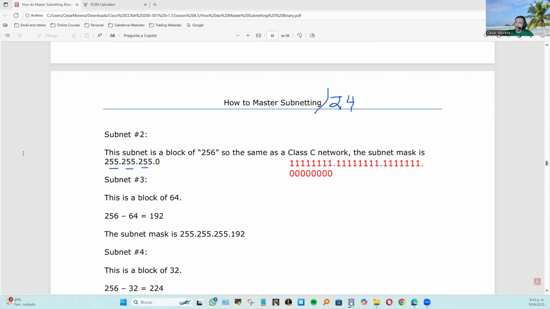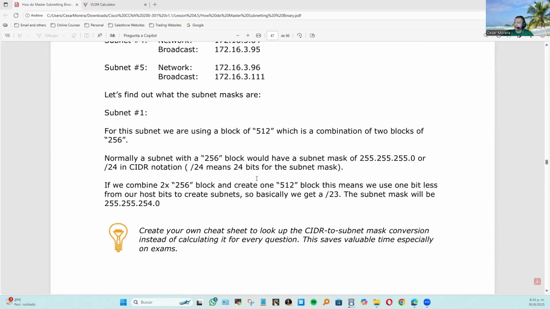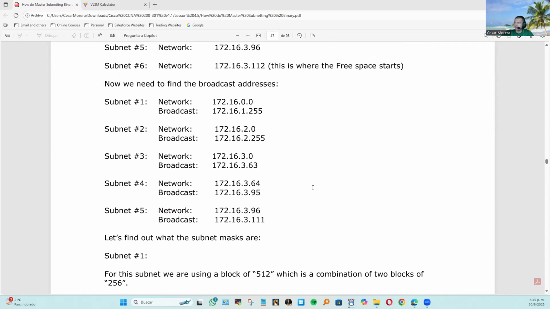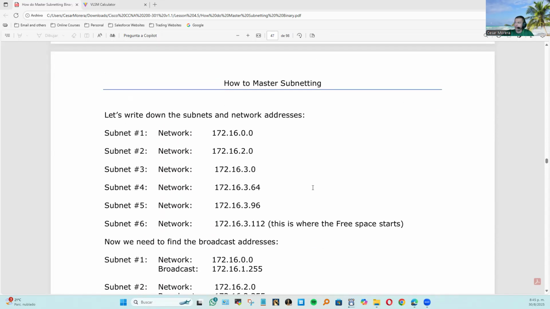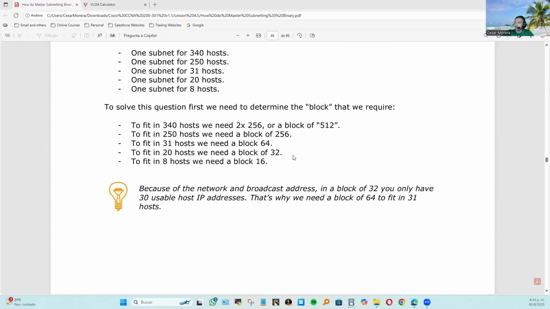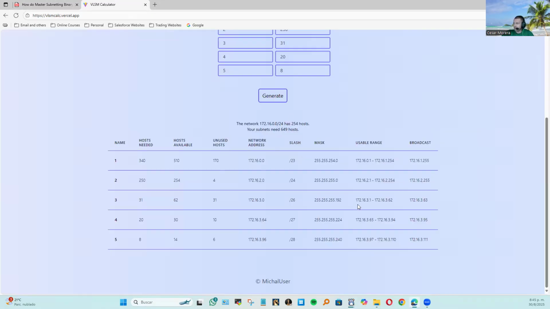Let's go back. The second one needed 250 hosts. So in order to cover 250 hosts, we will need a /24, which gives 254 hosts available.